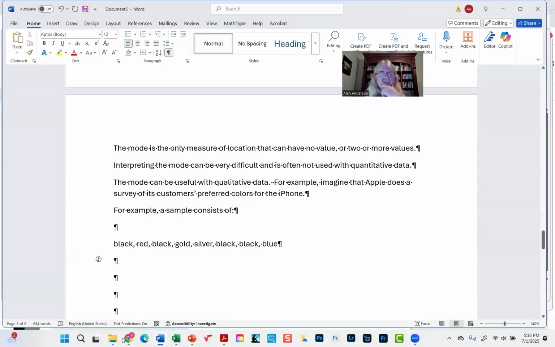So clearly in this case, there's three blacks compared to... there's no other that have... oh, there's actually four of them. Okay. And none of the others are repeated. So here, the mode is black.